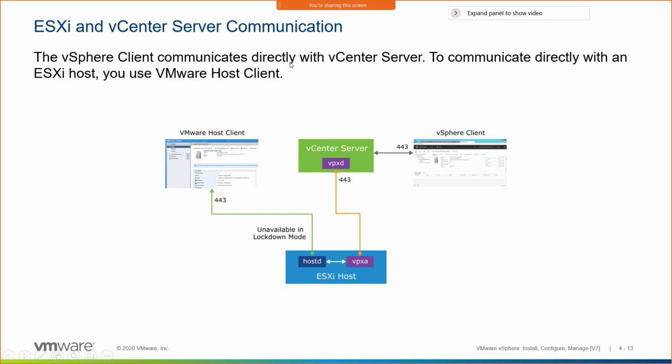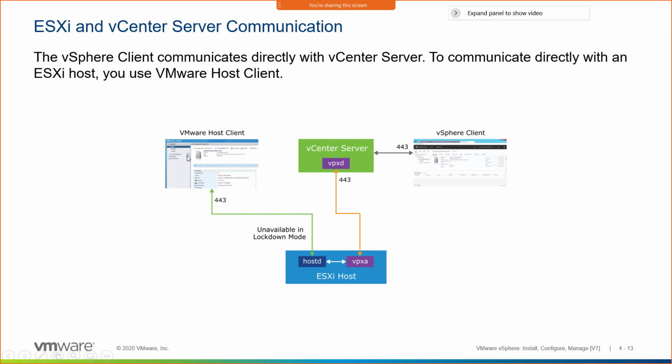iSCSI and vCenter Server communication. The vSphere client communicates directly with vCenter Server. To communicate directly with an ESXi host, you use the VMware Host Client. So the main thing is that the way we were just connecting now, this is the ESXi host, right? And the vSphere client and the VMware Host Client.